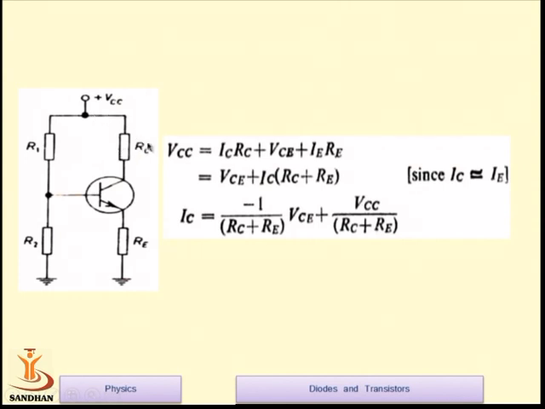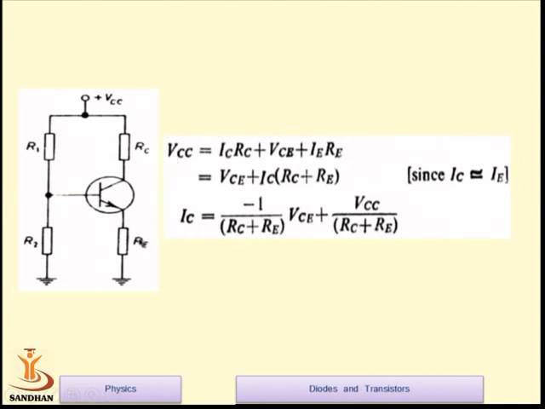So ICRC is the potential developed here. This is the collector terminal of the transistor and this is the emitter terminal of the transistor. So the potential developed between collector and emitter is VCE. So ICRC plus VCE plus IERE will give you VCC.